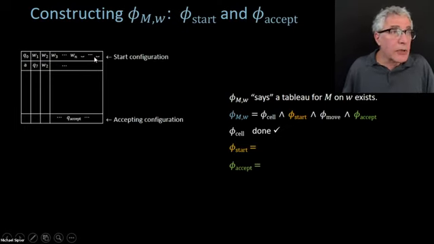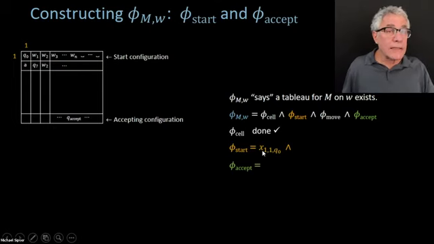Phi start is going to tell us that the start configuration has exactly these symbols. And phi accept tells us that the bottom configuration contains an accepting state somewhere. So how are we going to write that down? First of all, I'm going to write these down cell by cell.